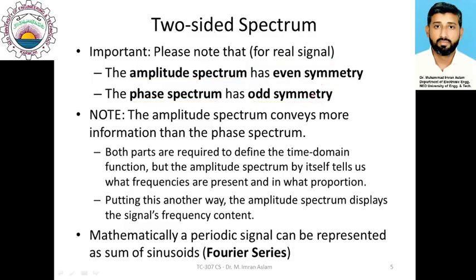And of course, in order to have the complete representation of the signal, we need both parts, that is the amplitude spectrum as well as the phase spectrum. But from the point of view of a communication system, the amplitude spectrum conveys more information as compared to the phase spectrum.